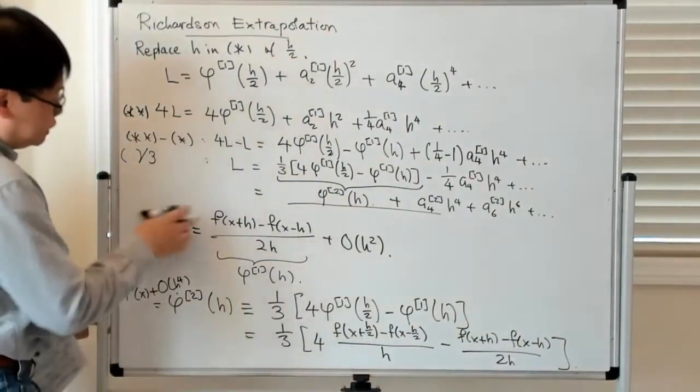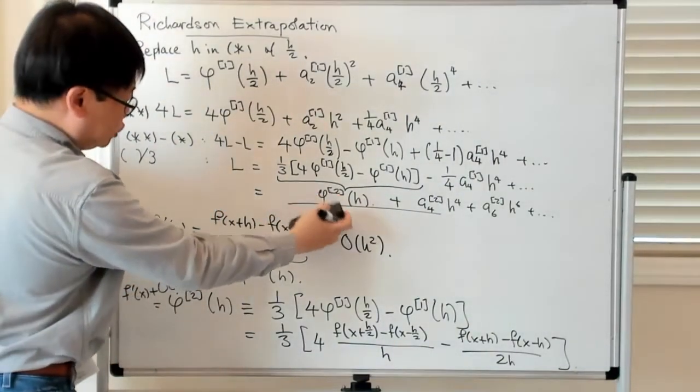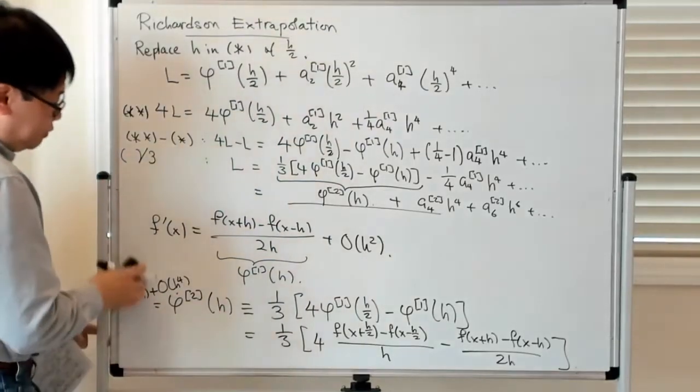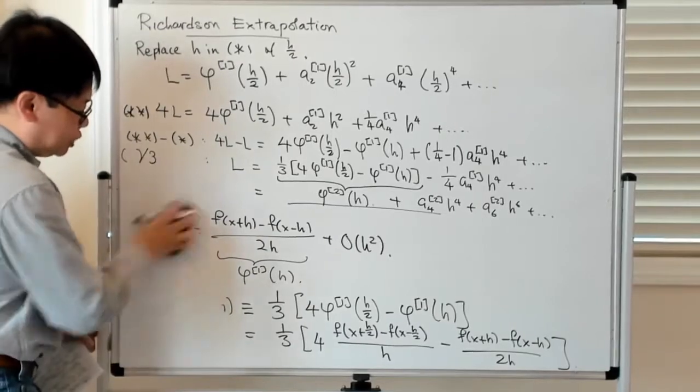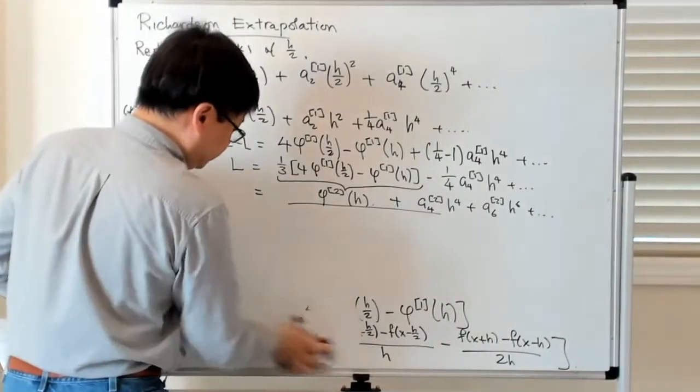So this is what I'm calling phi 2 of h for the specific example we looked at. I'm just going to erase this and look at what the next expansion is.